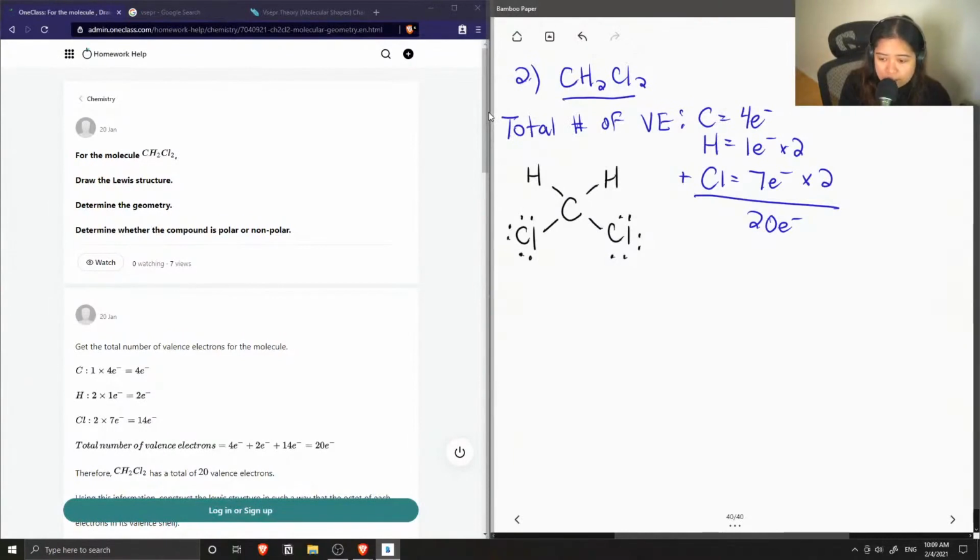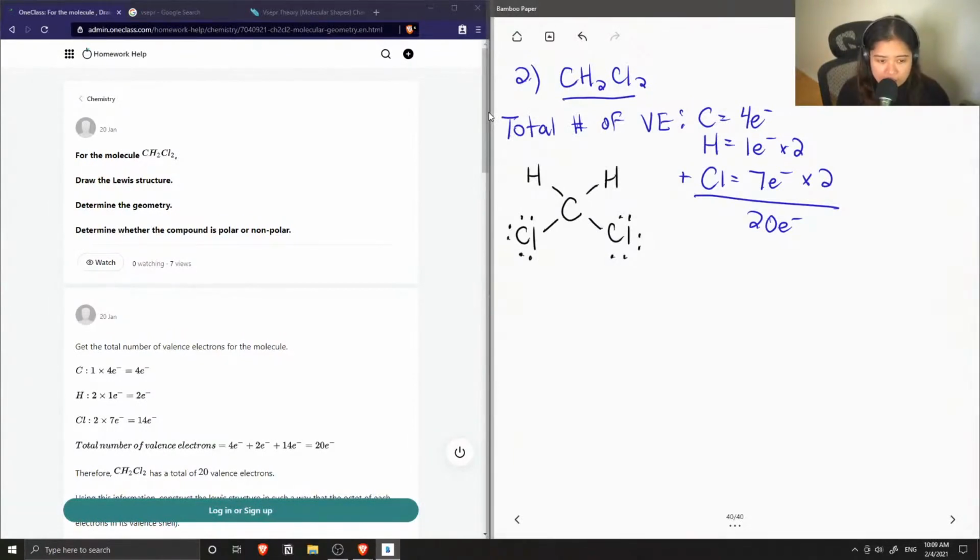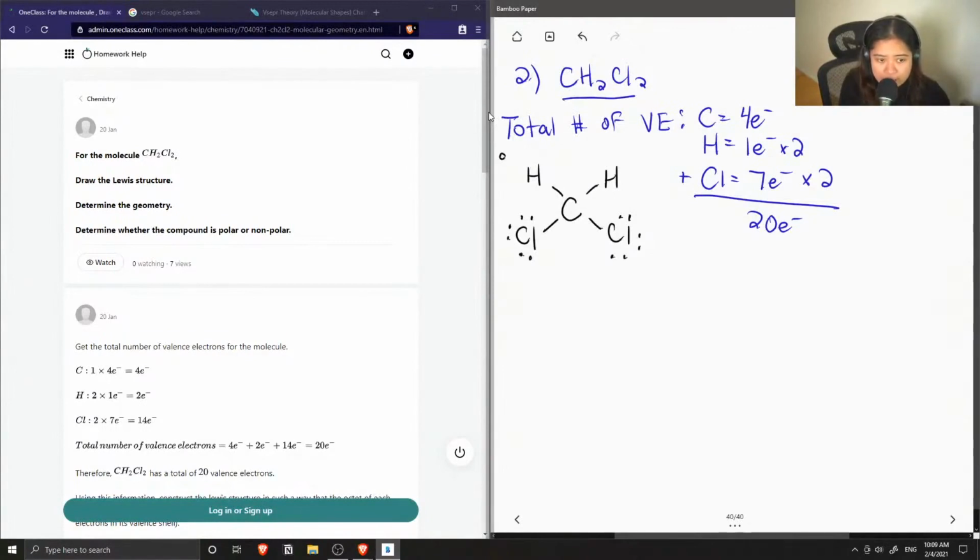Okay, so if I count out all the electrons I have so far, where each bond contains 2 bonded atoms, you can see that I already have my 20 electrons drawn in the structure to have the correct Lewis structure.